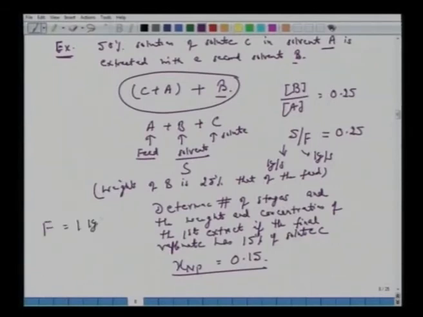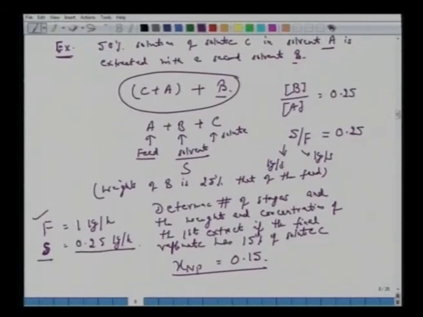Essentially we will look for delta and not delta min, because S is already given. If instead of 1 kg per hour you choose 100 kg per hour, S will become 25 kg per hour, and you will get the same number of stages as in the earlier cases.